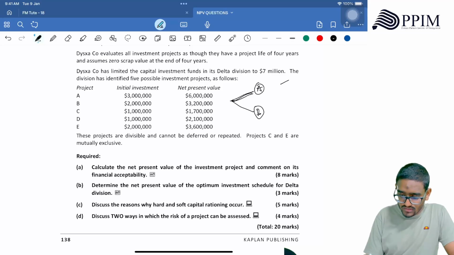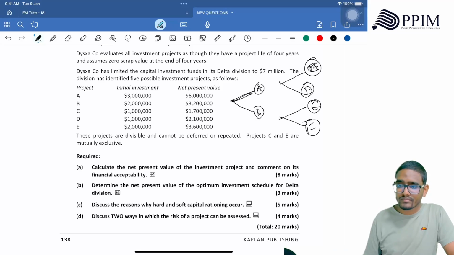Then when you go to the second year, this tree will extend to, let's say this is C, this is D. This will extend to E and F, just like how we did decision trees in your PPIM.